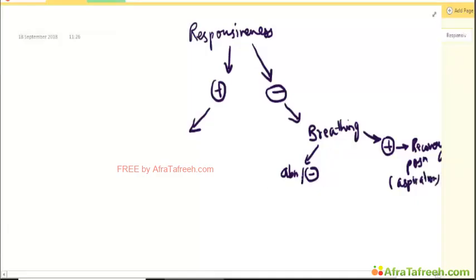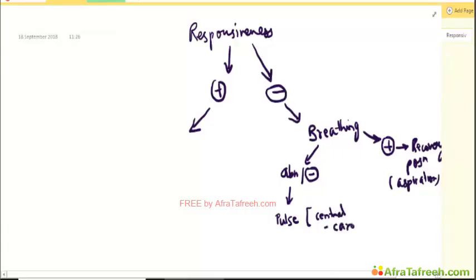If the patient is having no or abnormal breathing, at this point you check for pulse, and this is a central pulse, that is carotid. Which side carotid? Any side would do, only for a maximum of 10 seconds.